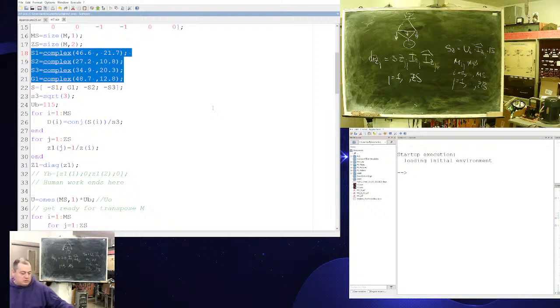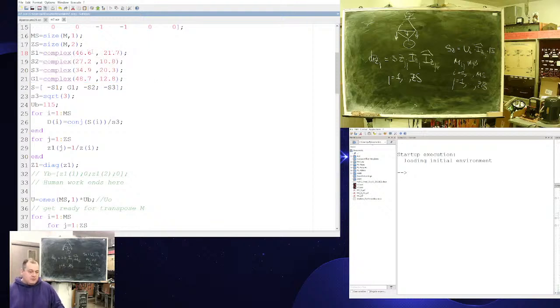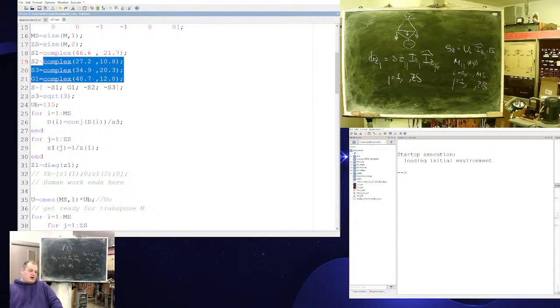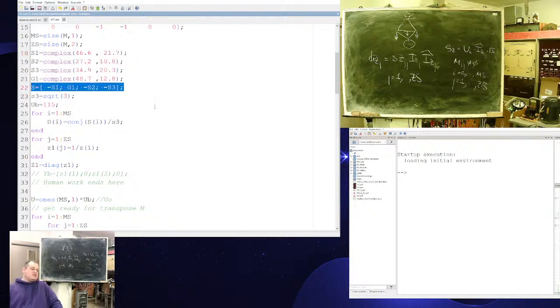It's changed a lot. So I put active P, active Q, and so on. I use a complex function to combine them in one complex value. And here is my power vector. Load with the minus sign and generation with the plus sign. In blue.